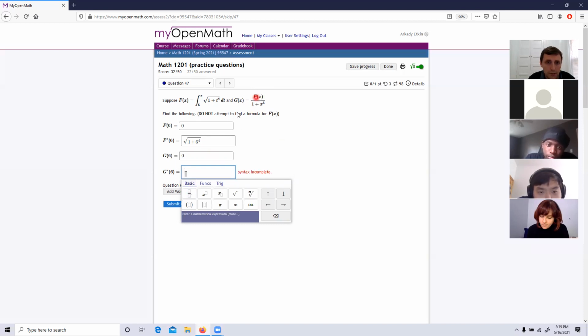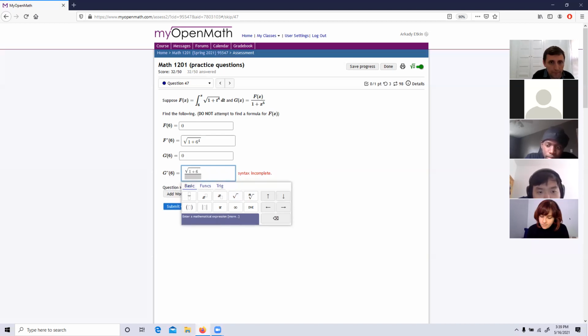So it would be this derivative at 6. So it would be root of 1 plus 6 to the power of 4, divided by 1 plus 6 to the power of 5, plus 0, pretty much actually for 0, so it's very nice. Okay, good.